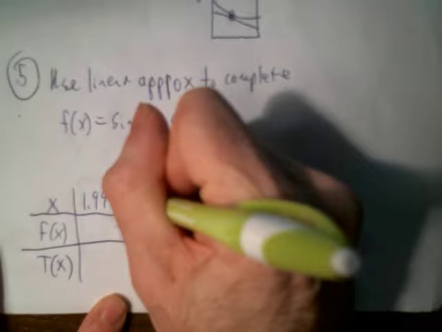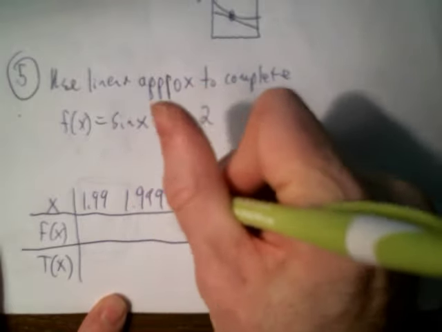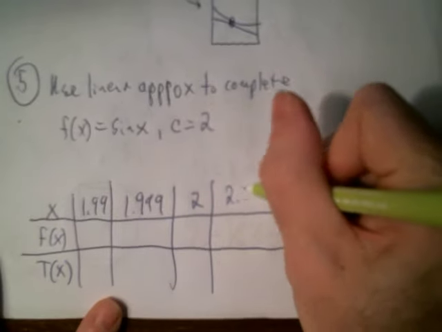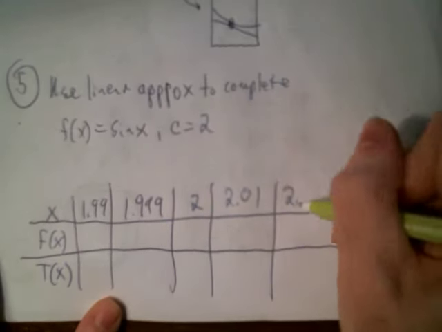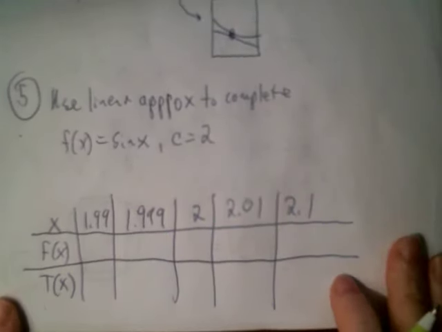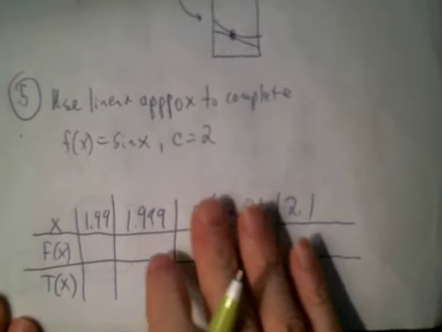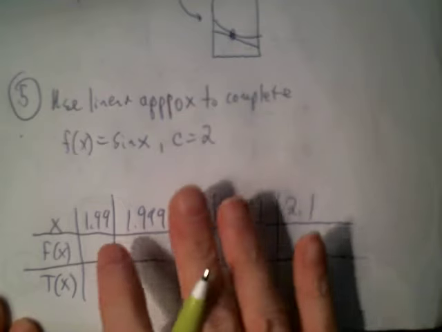Okay, so we're looking at points 1.99, 1.999, 2, 2.01, and then 2.1. So we can populate this chart right now using our calculator, just plugging in 1.99 into there.